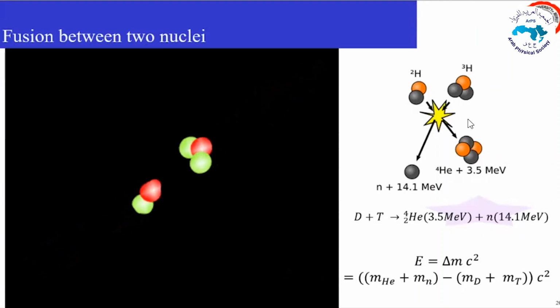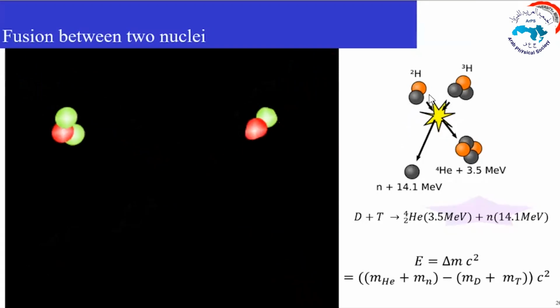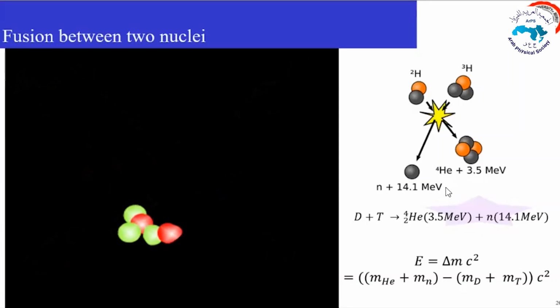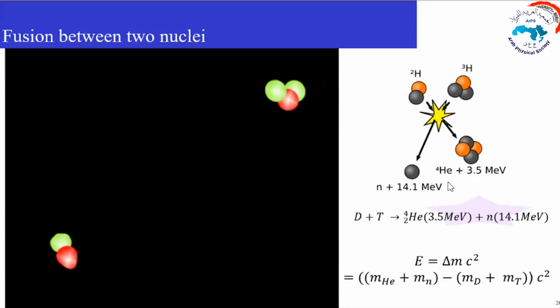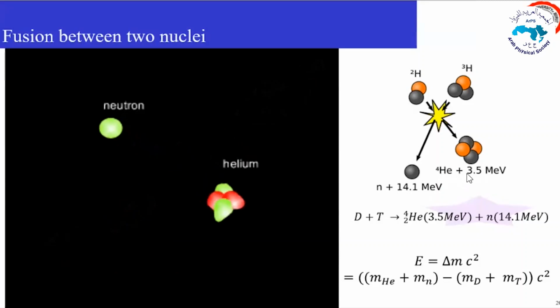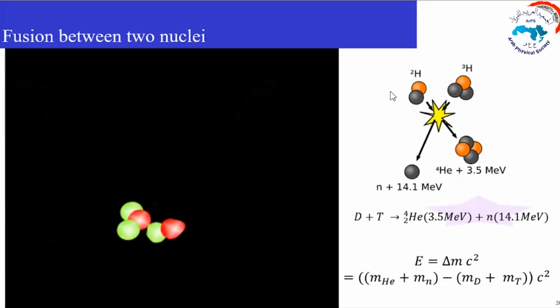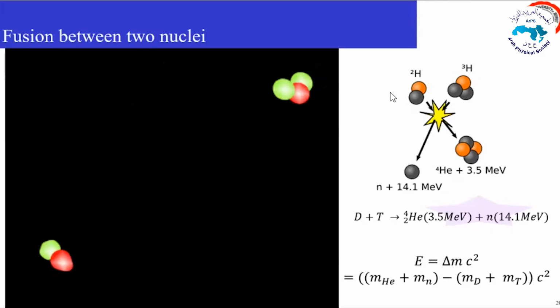They form a substance which is highly unstable, and which in turn yields a neutron at 14.1 mega electron volts and helium-4 at 3.5 mega electron volts. And so this generates a huge amount of energy, okay?